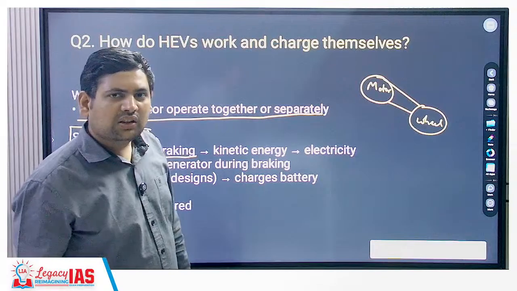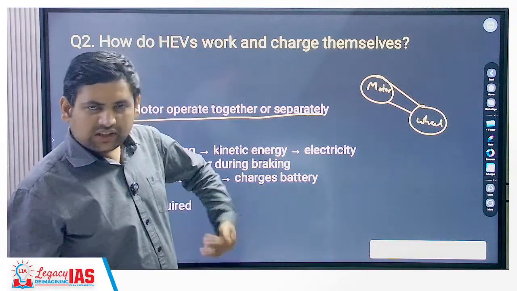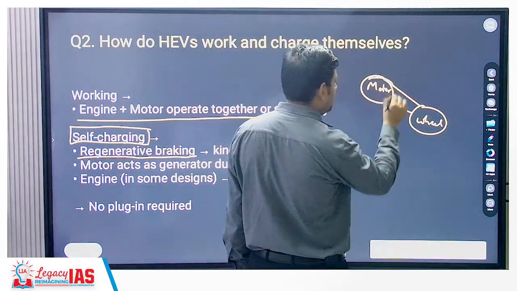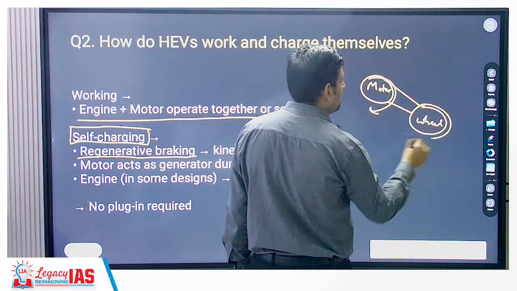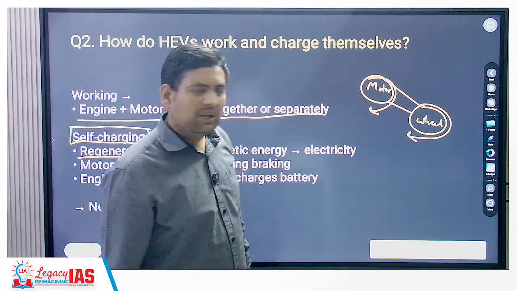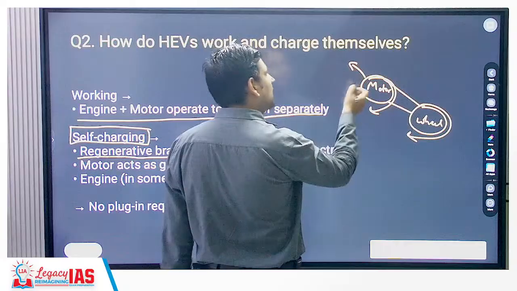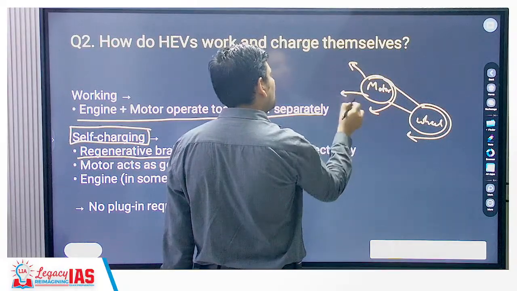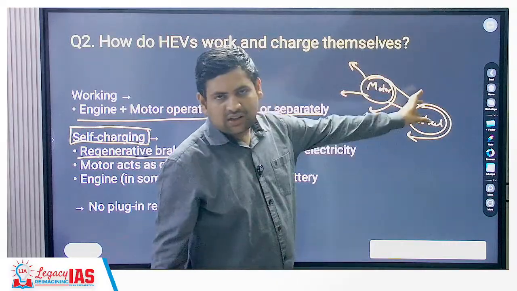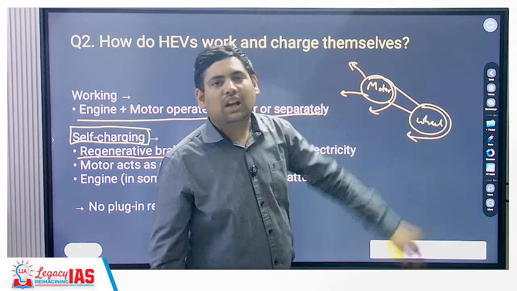Let's say it is running on the electric motor or ICE, whatever. Ultimately this motor is turning this way and it is also turning the wheel this way, correct? This motor is being powered by, let's say, the electric battery or ICE engine, does not matter to me. Ultimately the motor is rotating and it is rotating the wheels also and the car is moving forward.